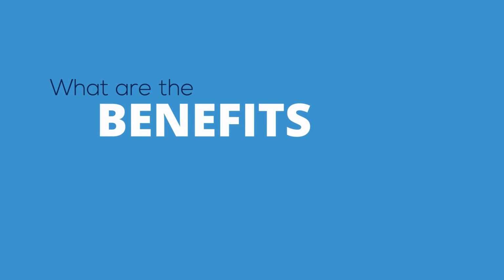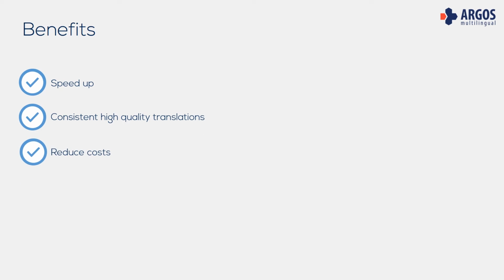So what are some of the benefits of creating and using translation memory? TMs help you to speed up the production of consistent, high-quality translation while also reducing costs. This means that you can publish high-quality localized materials more quickly while controlling costs. TMs are databases of existing translations which allow your language service provider to reuse existing translations easily.